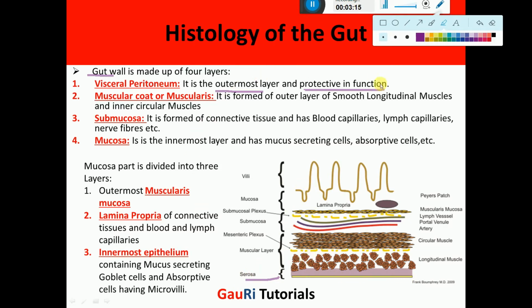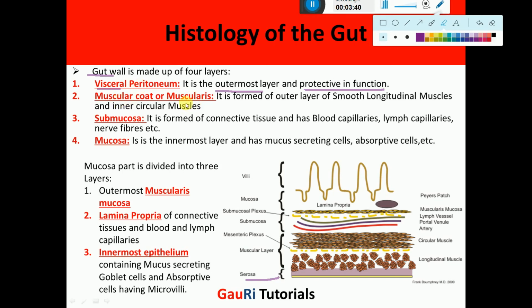This is a tube-like structure, and this part is where the food is present, and this is the boundary wall of the gut wall. The outermost layer is called visceral peritoneum. Viscera refers to the internal organs, so peritoneum is the layer which covers the internal organs.